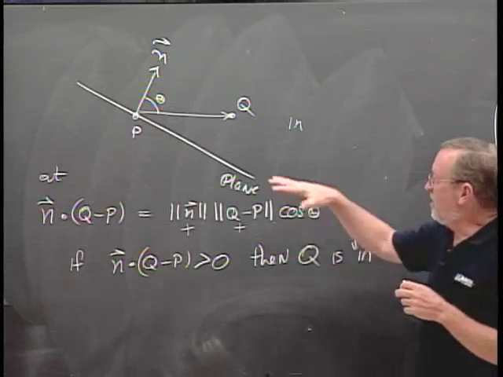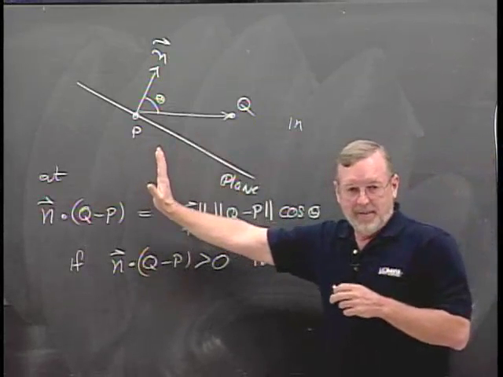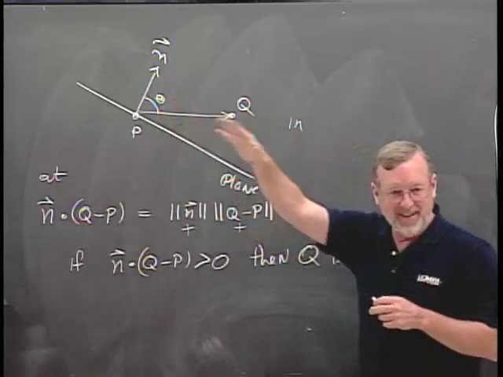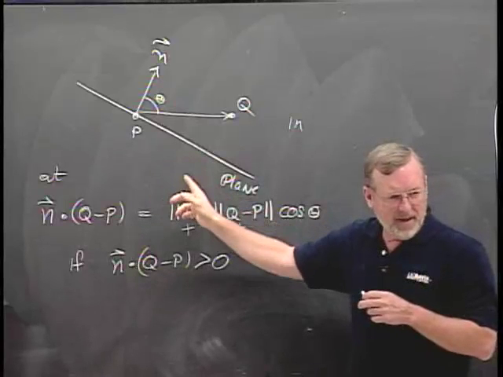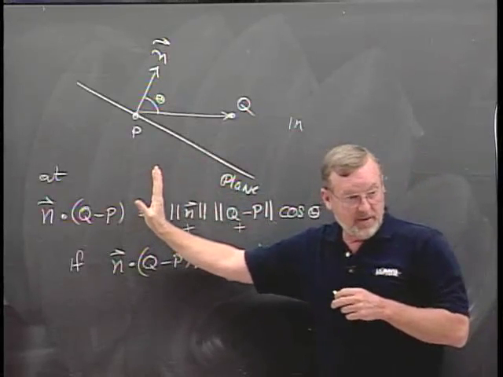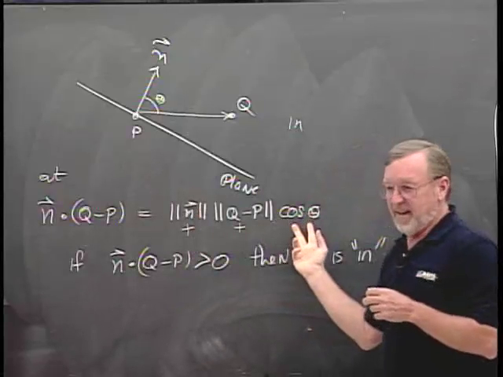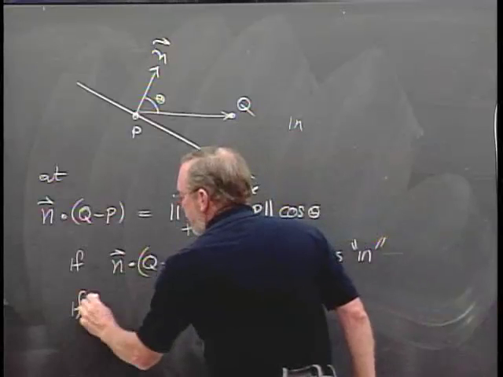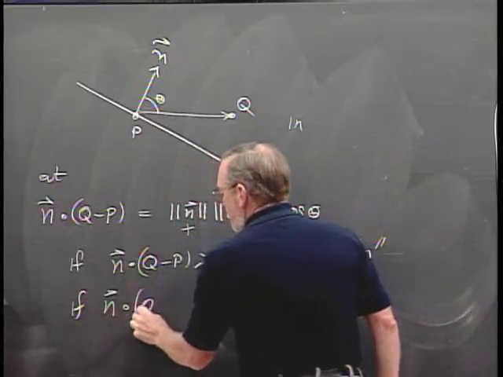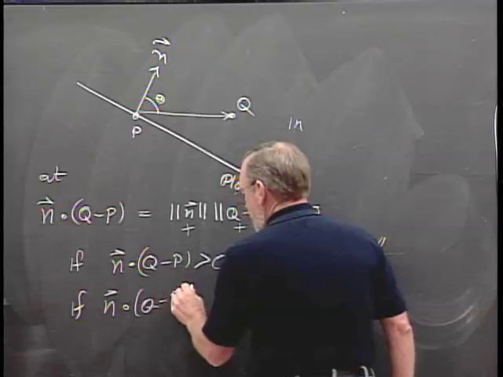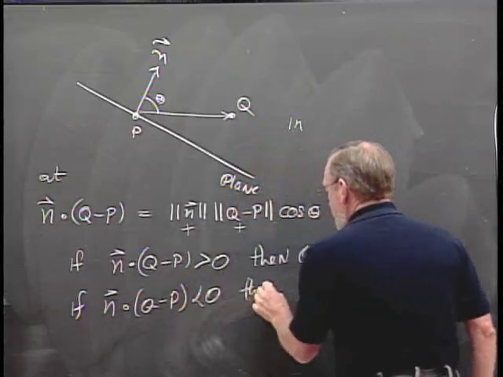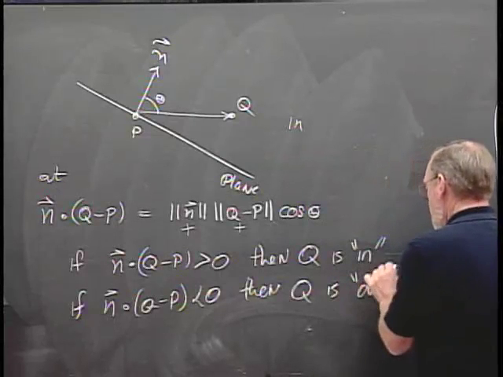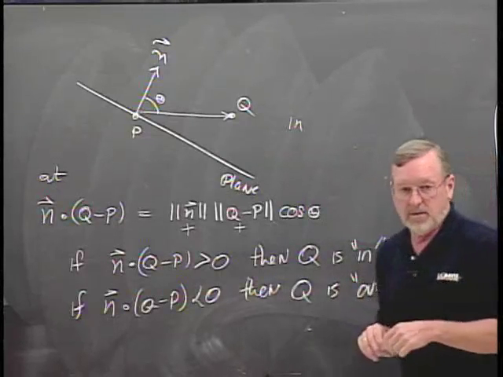Now what happens if Q is on the other side of the plane? Can you see I'm going to get theta bigger than 90 degrees? It's a three-dimensional picture. This is a plane. And cosine of theta then has to be negative. And so I can say if n dotted with Q minus P is less than 0, then Q is out.